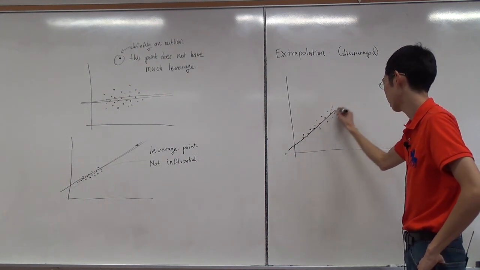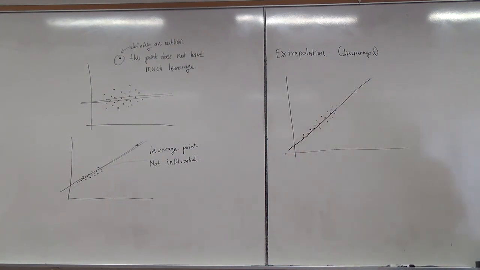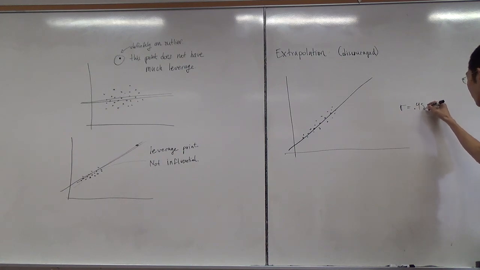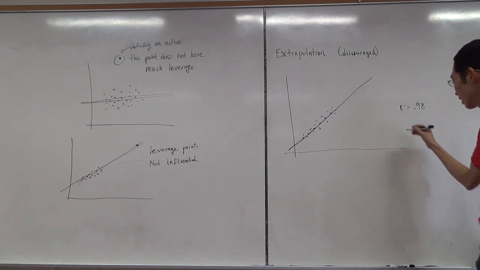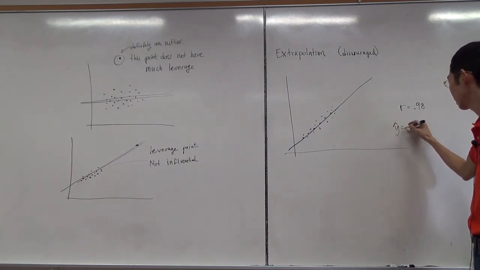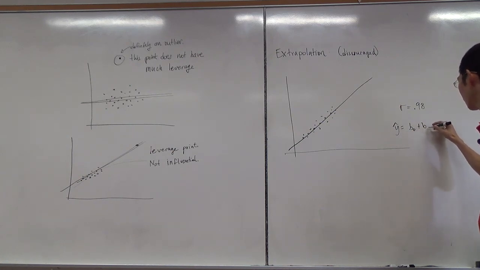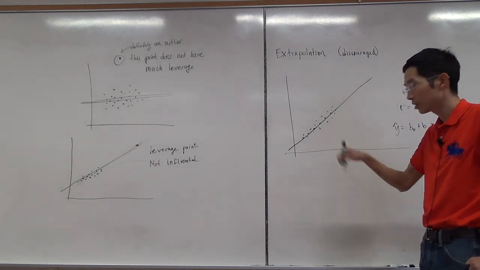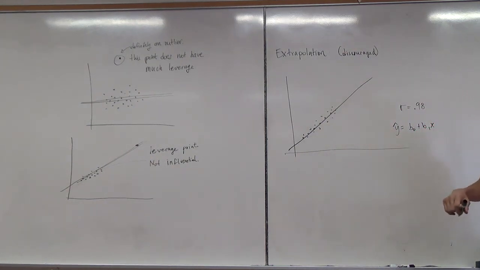And so that would be a great model. We'd probably have R equal to 0.98 or something, and y hat equal to b0 plus b1x. And we could plug in values of x to get predictions or estimates of y.